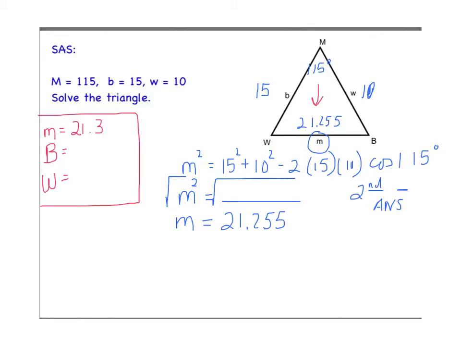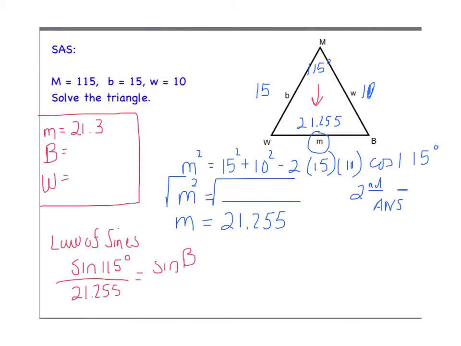Okay, so now if I have side M, M is across from something, I can use the law of sines. All right, so I would say that the sine of 115 degrees over 21.255 is going to be equal to the sine of B over 15.